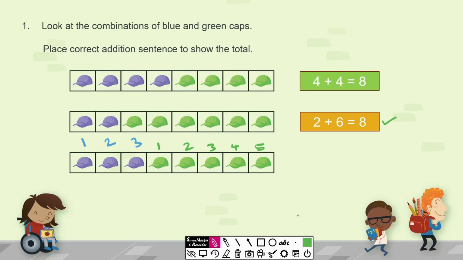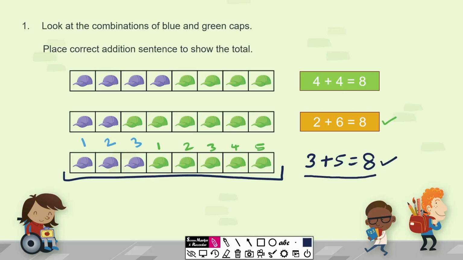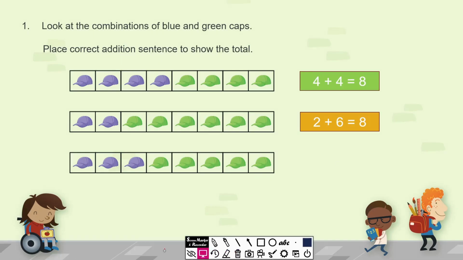So we have 3 plus 5 is equal to the total number of caps. And what is the total number of caps? Yes, these are 8 caps. So 3 plus 5 is equal to 8 is the correct addition sentence. Let's check it. See, we were right. Okay, let's move.